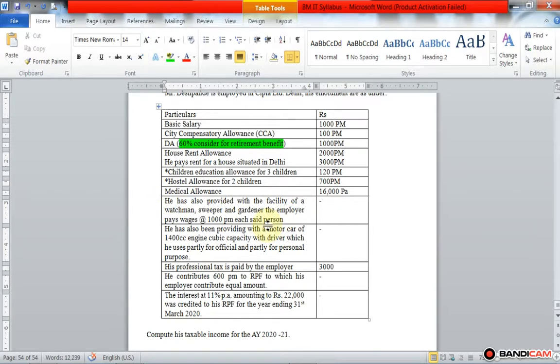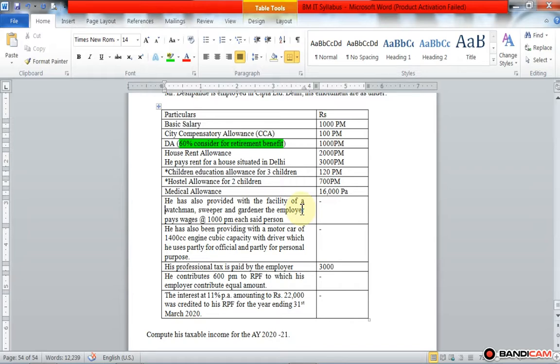So 1000 per month for watchman, 1000 for sweeper and 1000 for gardener. This perquisite is taxable.